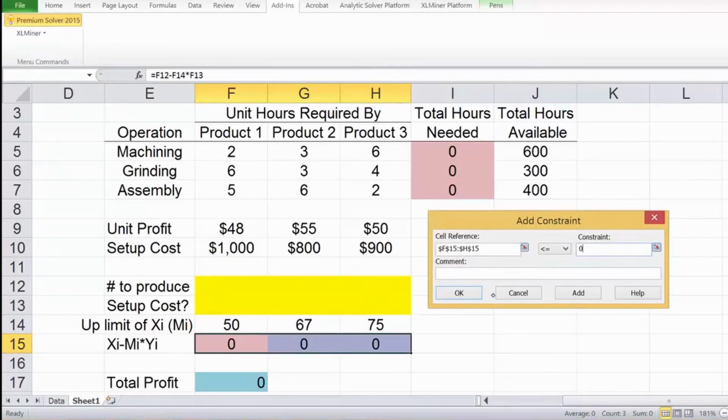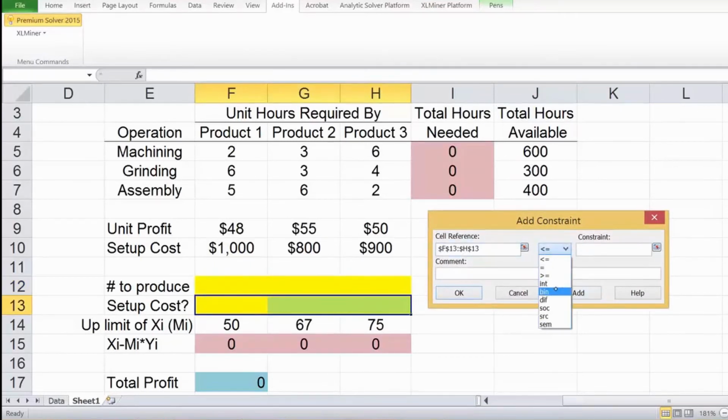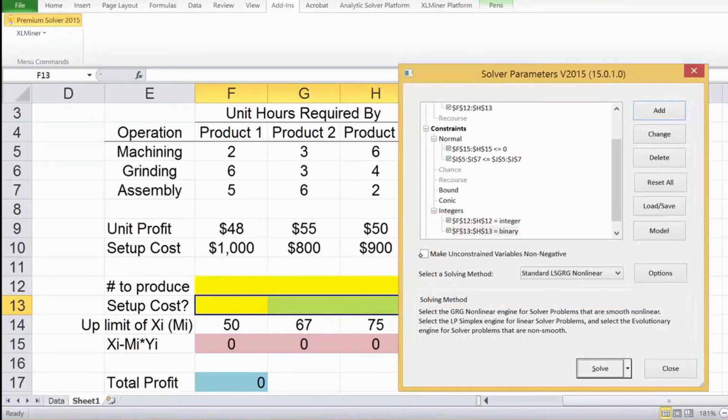We need to add that our xi's need to be integers because we want our product numbers to be integers. We also need our yi's to be binaries, restricted so they can only be 0 or 1. And we want our xi's to be non-negative. Then change the algorithm and solve.